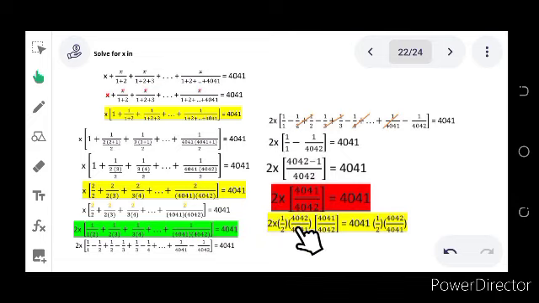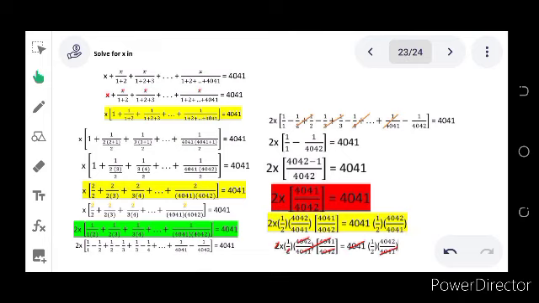We multiply it also by 4042 over 4041 to remove 4041 over 4042, so that we will be left with x on the left side. Whatever we multiply to the left side, we also multiply to the right side. So we also multiply the right side by 1/2 and 4042 over 4041.